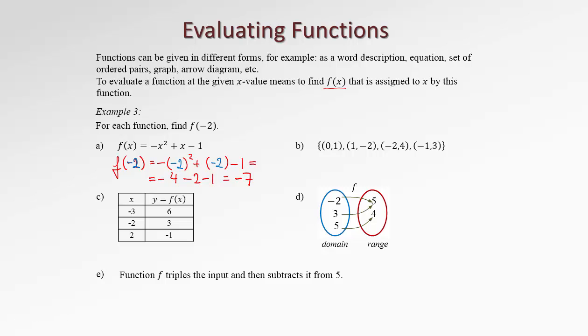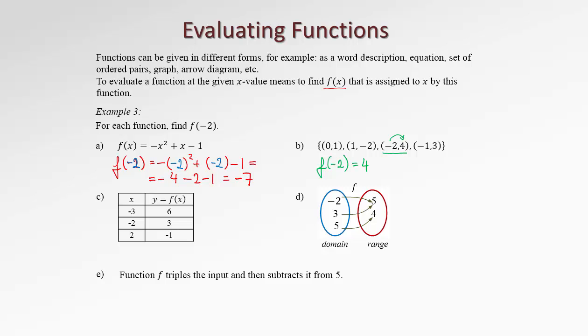Let's see example B. Here the function is given by a set of ordered pairs of numbers. And since the input is -2, we're looking for an ordered pair that will start with -2. And we see that the output that is assigned to the -2 is equal to 4. Therefore, we can state that f of -2 is equal to 4.